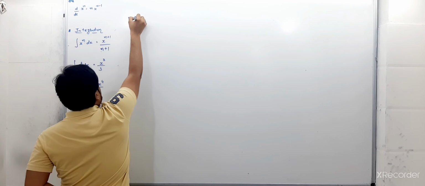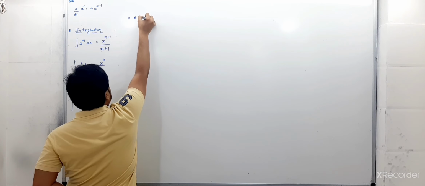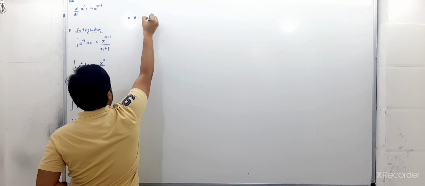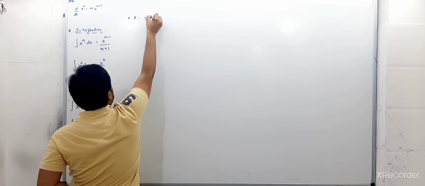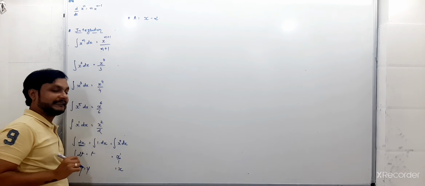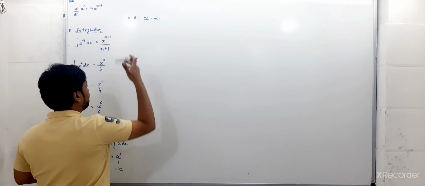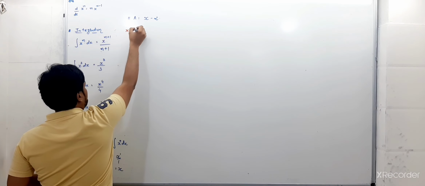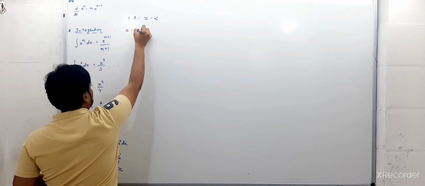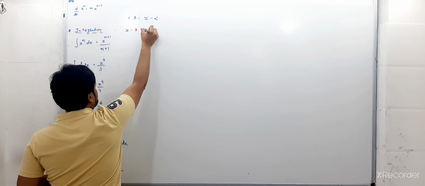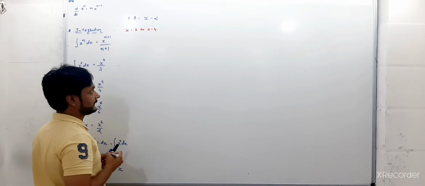Now, the question is A equals to x minus 2. Only this thing, x minus 2. And we want to find out the answer for x equals to 3 to x equals to 4.